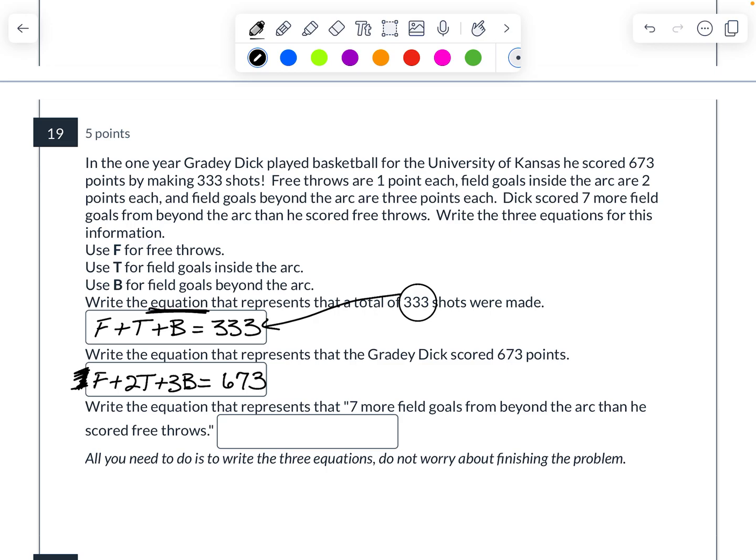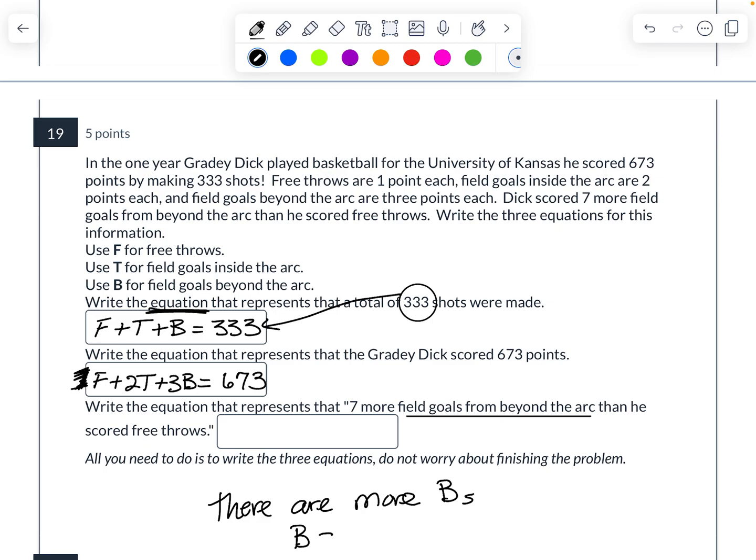All right. Lastly, the one that people are most challenged by. Ask yourself, there are more field goals from beyond the arc than free throws. So there are more B's.